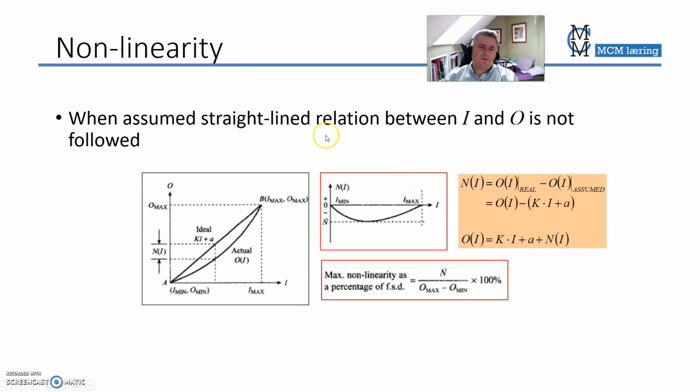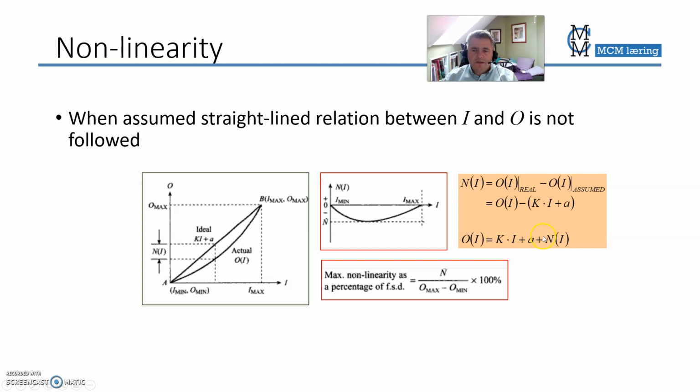Of course, you may also have non-linear systems. This line here is the ideal straight line, but most systems are actually a bit non-linear, so you have to take that into consideration as well. So you have K times I plus A, that is the sensitivity multiplied by the input plus the bias. That's what we had from the last page.